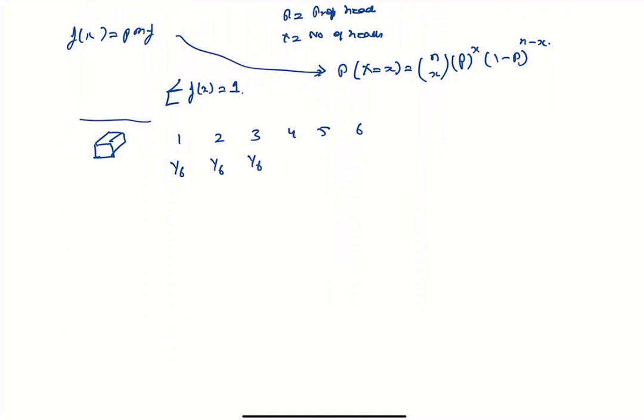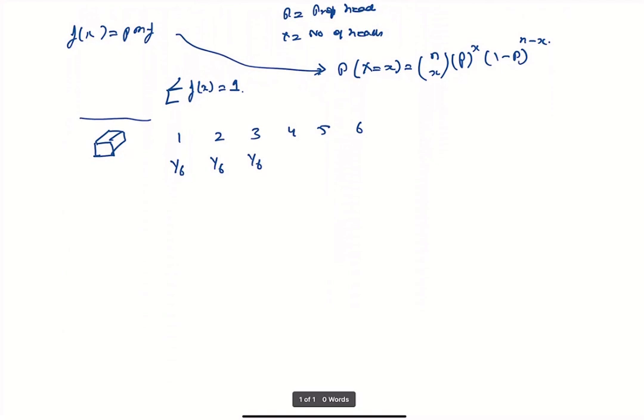I want to know, if I roll a dice, what is the expected value of x. If I roll a die, I get a number x1. If I roll a die next time, I get a number x2, next time a number x3. So the expected value of x is the weighted average of the possible values of x, which are these.